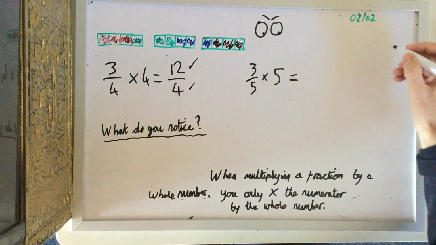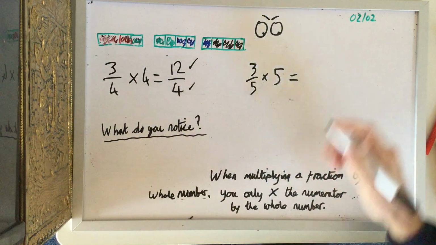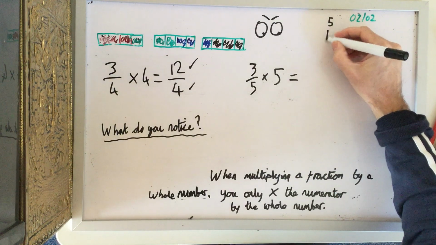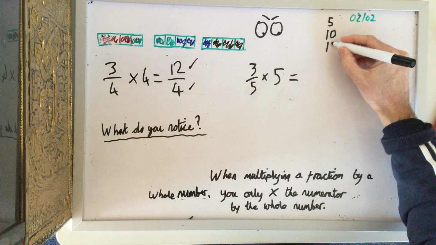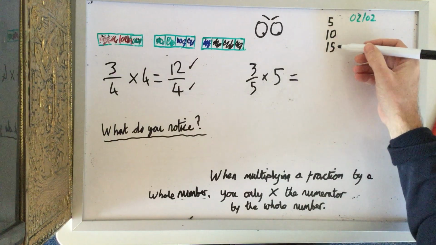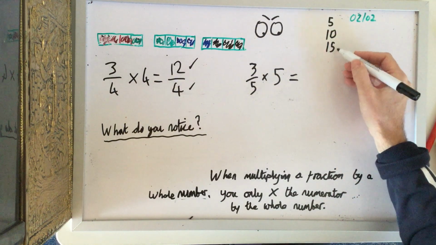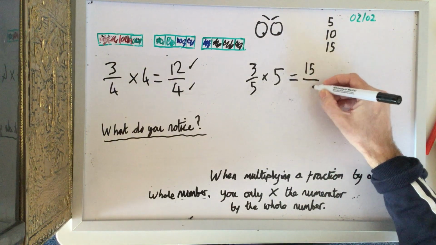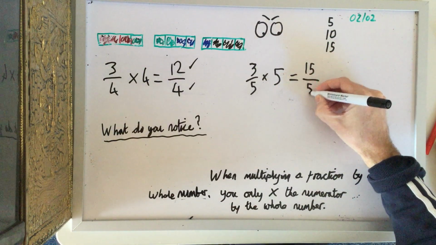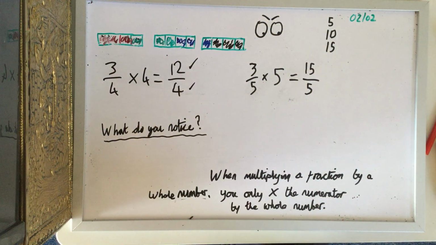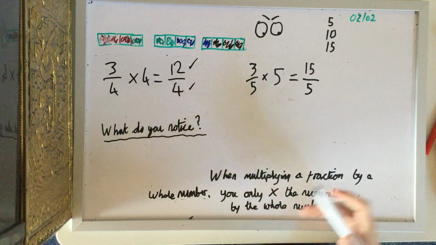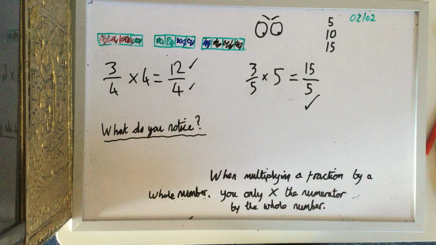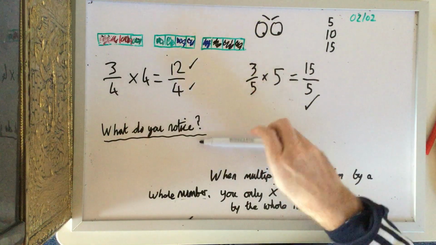If these get trickier, a bit like last week, I know my 5 times table, but if not, I can just write it down, add 5 each time. So 3 times 5 is 15, so my 15 gets written there, and then over your original denominator, 15/5.